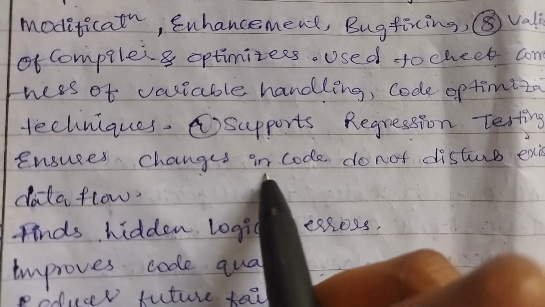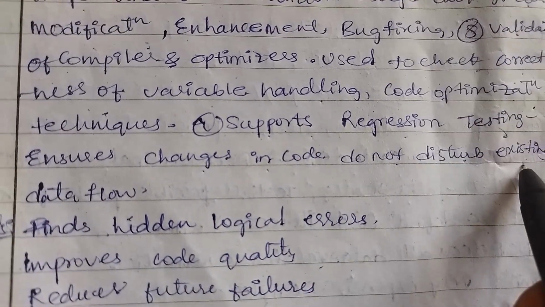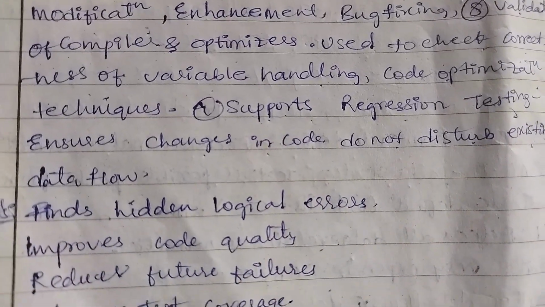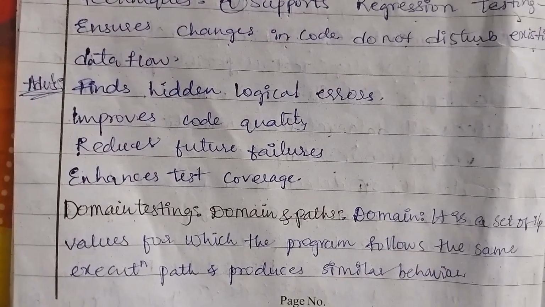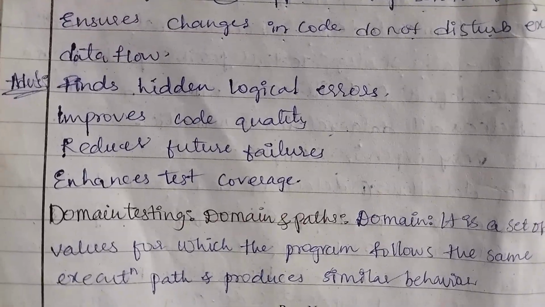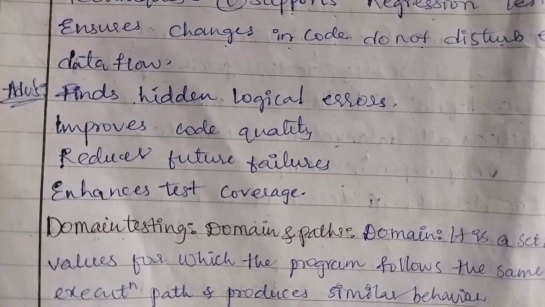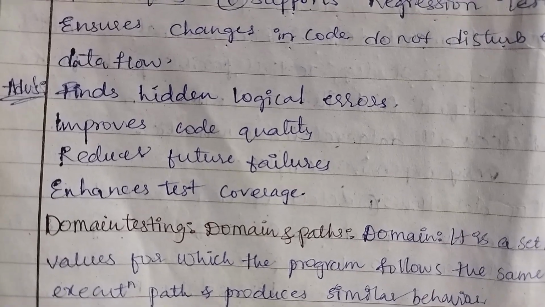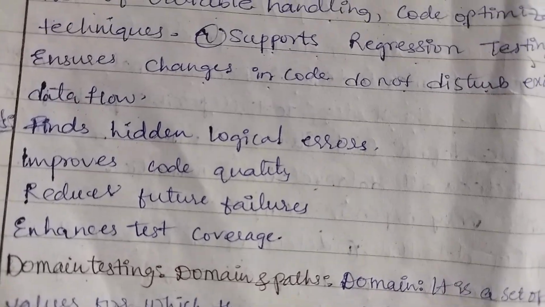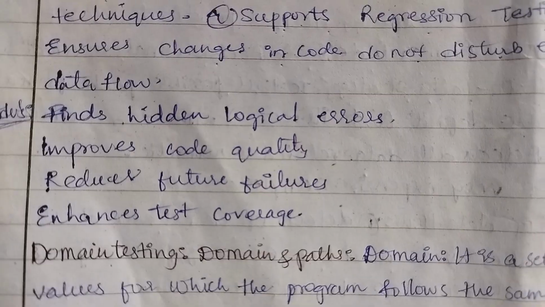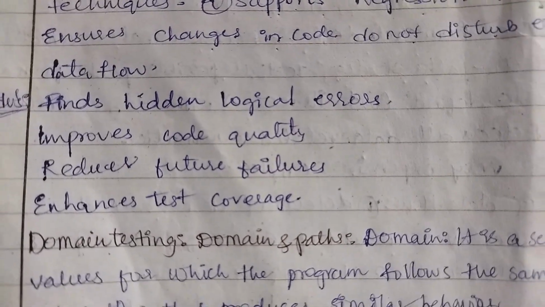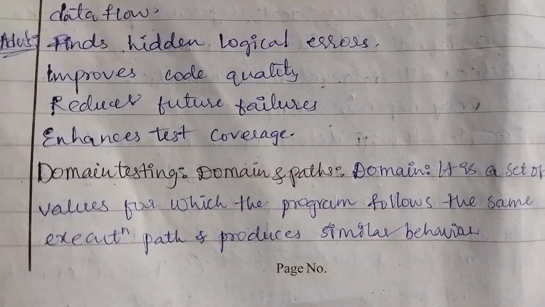Ensuring changes in the code do not disturb the existing data flow is known as supporting regression testing. Then we have some advantages of this method. It finds hidden logical errors and improves code quality. It reduces future failures and enhances test coverage.